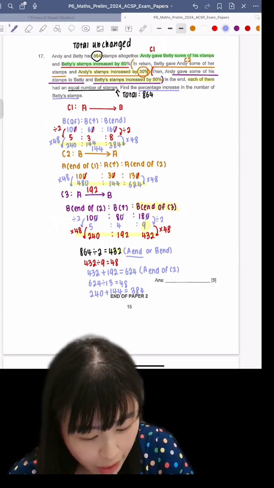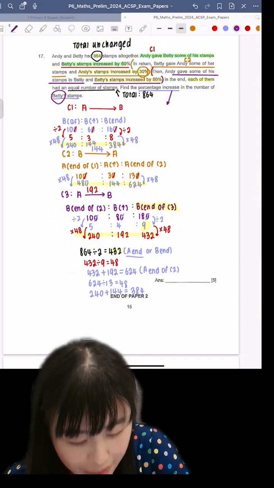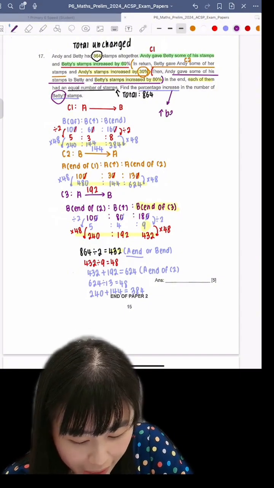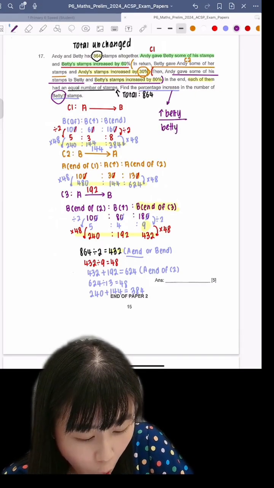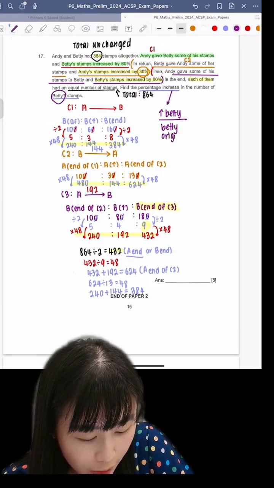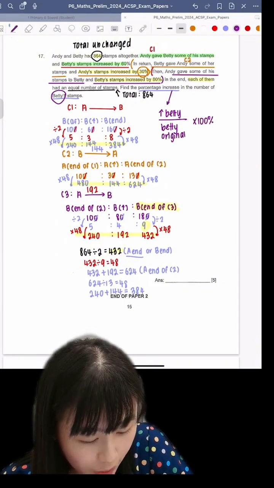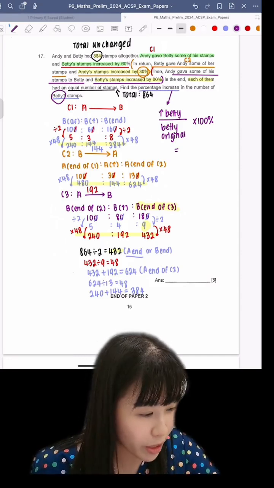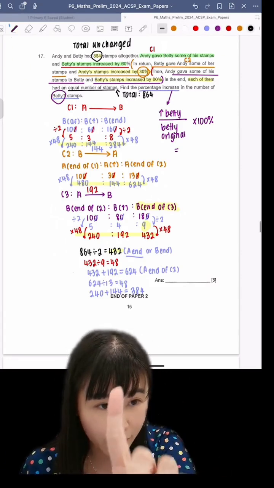So finally, what is the percentage increase in the number of Betty's stems? Percentage increase means you want the increase in Betty over Betty's original. Percentage increase is always the increase over the original times 100%. So we are left with the very last step here. Betty's increase, I just need you to look at the start and the end.